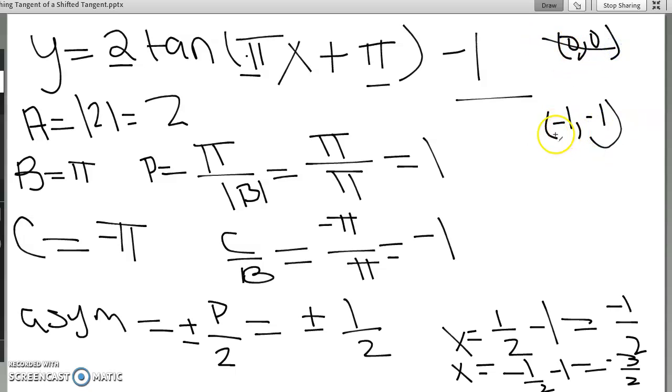It phase shifted over -1 and it went down, excuse me, for this d value of -1. So there's one of my points. The other point I'm going to use, recall from our other formula, we're going to divide the period by 4. So up here again the period was 1.